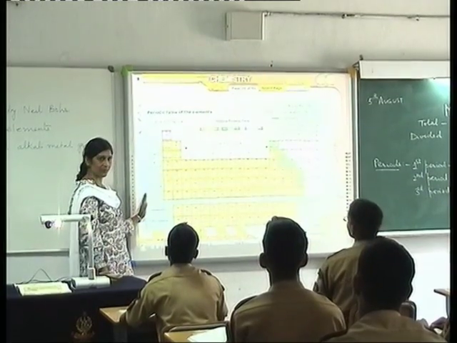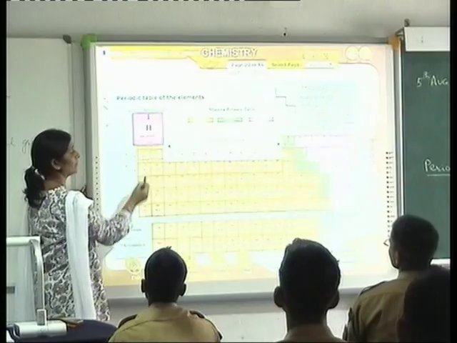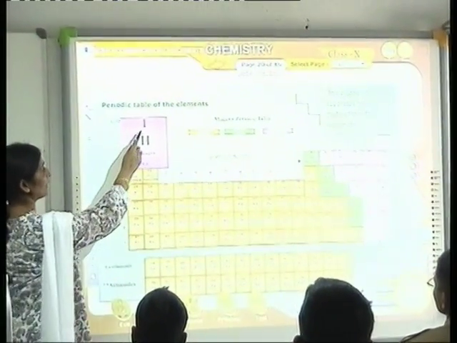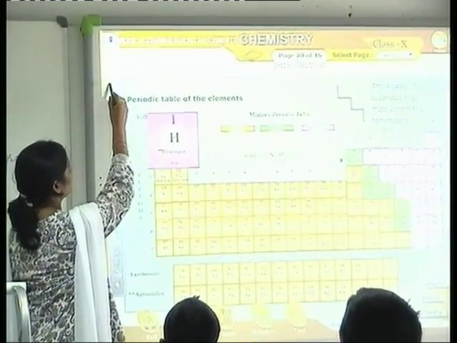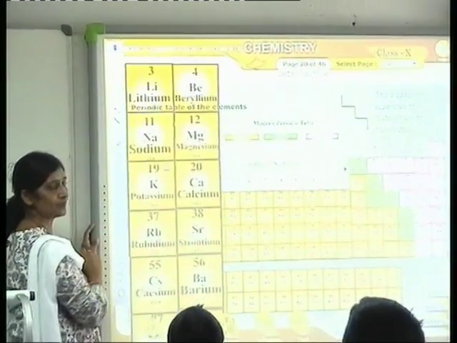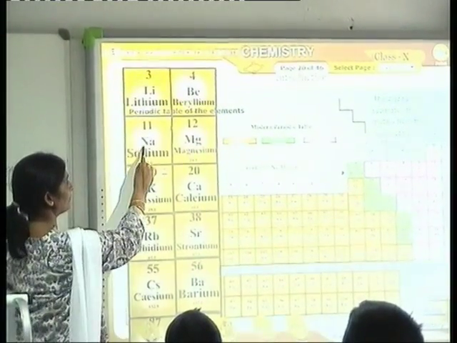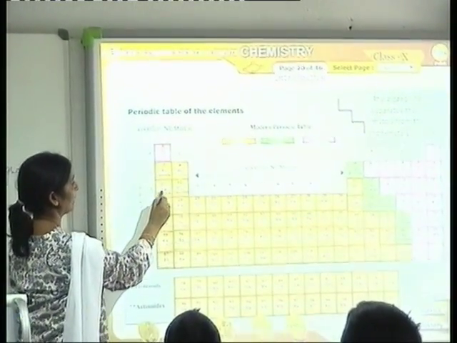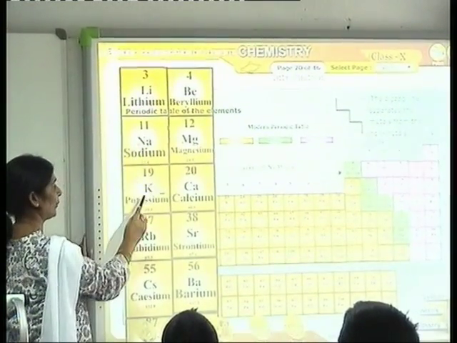The first group consists of the elements hydrogen, whose atomic number is 1. Then lithium, atomic number 3. Sodium, atomic number 11, symbol Na.